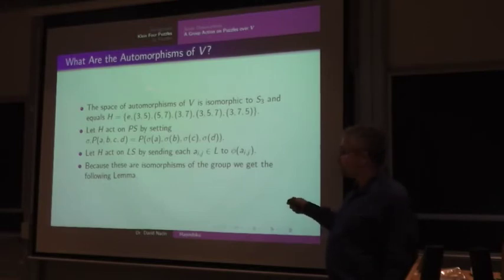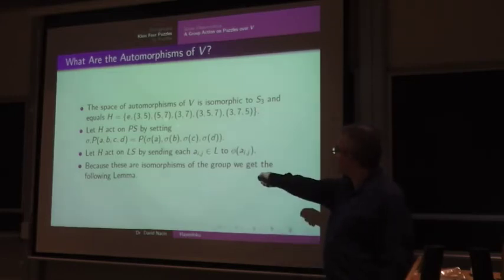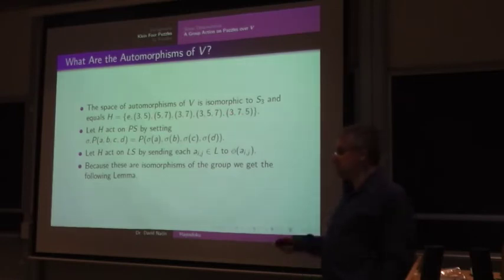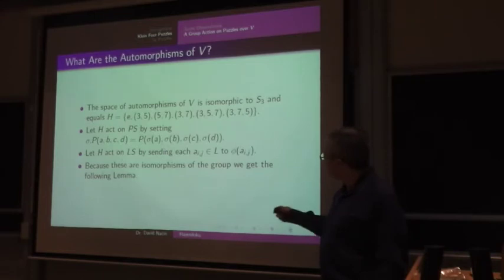However, I still have the space of automorphisms, because we looked at the maps that weren't automorphisms first. And the space of automorphisms is isomorphic to S3, and it's equal to those permutations. And we already showed that automorphisms are solution-preserving maps, so everything here maps solutions to solutions.